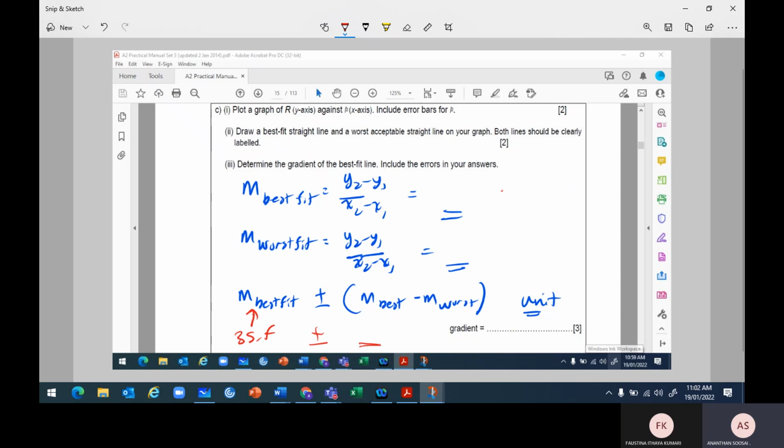You must clearly show the method, the method is given marks. For the answer, we have to put it in standard form. Yeah, good practice.